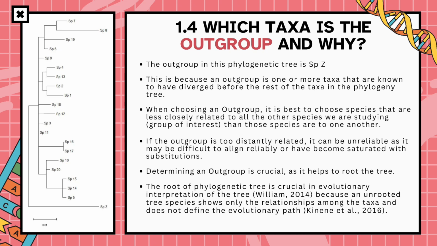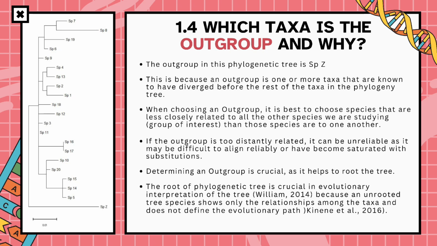When choosing an outgroup, it is best to choose species that are less closely related to all the other species we are studying, which is our group of interest, than those species are to one another. If the outgroup is too distantly related, it can be unreliable as it may be difficult to align reliably or have become saturated with substitutions.